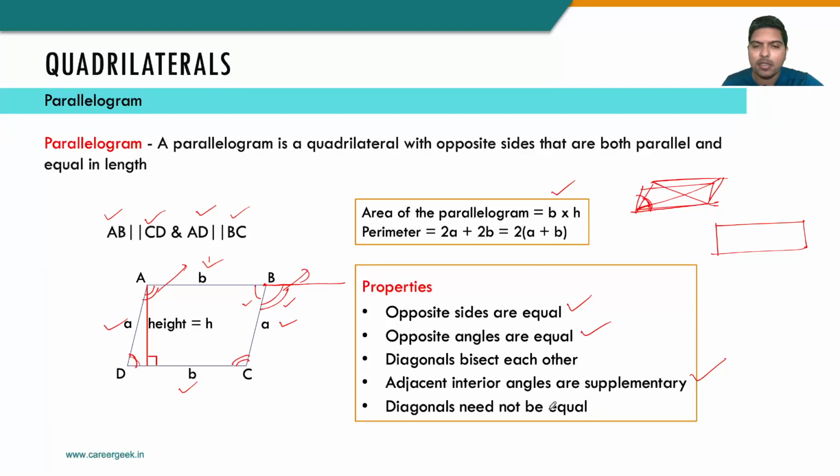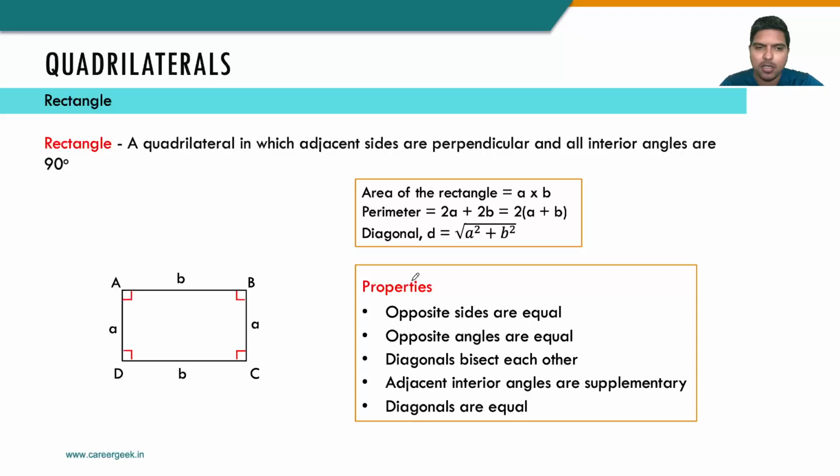That's why the diagonal lengths need not be equal, but they always bisect each other. Bisecting means cutting in half, right? Like this sides are equal and these sides are equal. All these properties are supposed to be remembered.